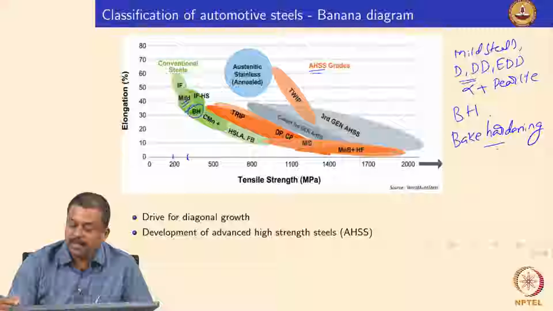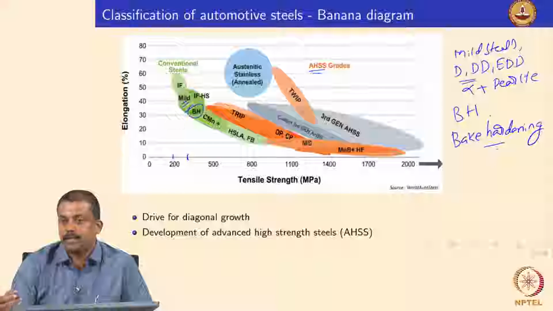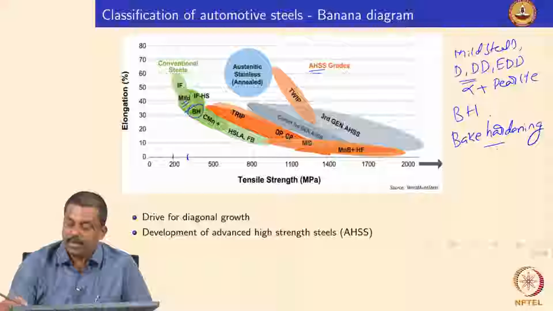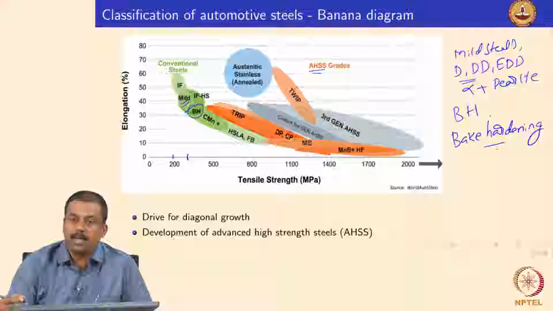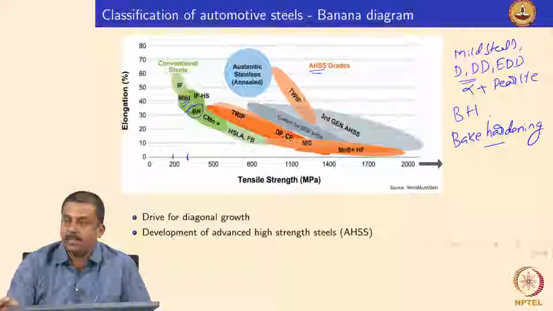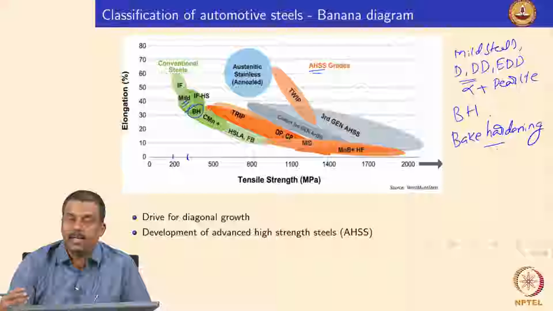the strength increases by the interstitial carbon atoms when you have a driving force, the carbon atoms go and segregate to dislocation fronts. So these carbon atoms, when they migrate during the slightly increased temperature provided by the paint baking cycle, go and decorate the dislocations, and thereby hinder the motion of dislocations in subsequent forming.